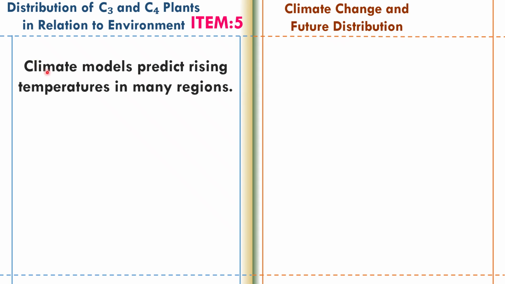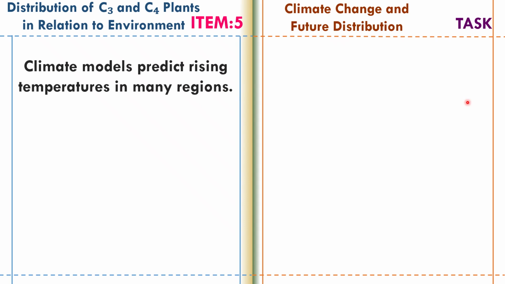Still under distribution of C3 and C4 plants in relation to environment, item 5. Looking at climate change and future distribution. Climate models predict rising temperatures in many regions.